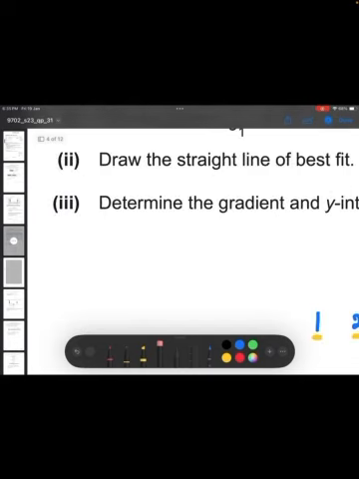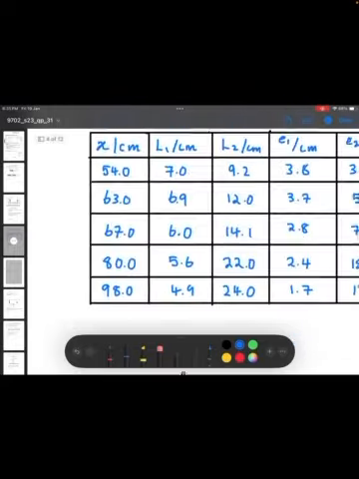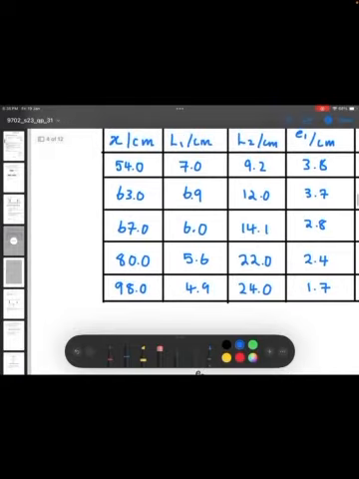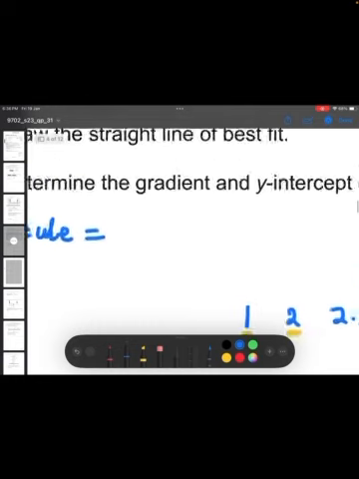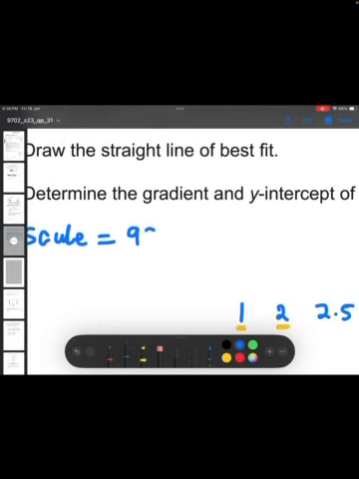So now let's look for the scale for the x-axis. As you saw, the minimum value on the x-axis is 54, and the maximum value is 98. So on the x-axis, I say 98 minus 54 divided by 6.